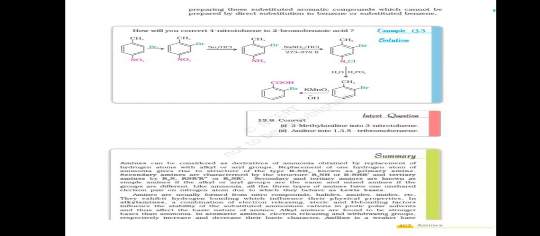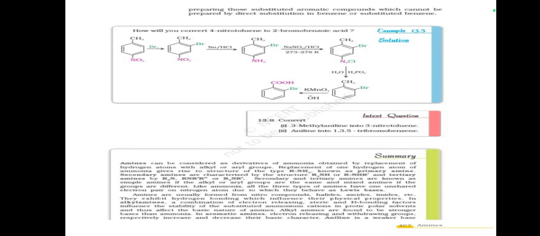All the three types of amines have an unshared electron pair on the nitrogen atom, due to which they behave as Lewis bases. Amines are usually formed from nitro compounds, halides, amides, imides, etc.